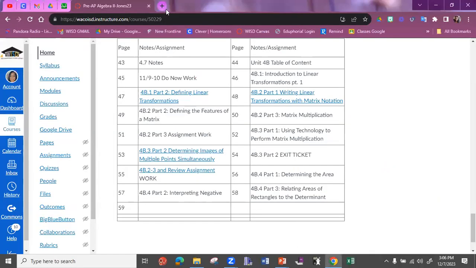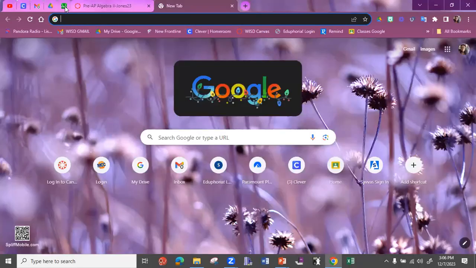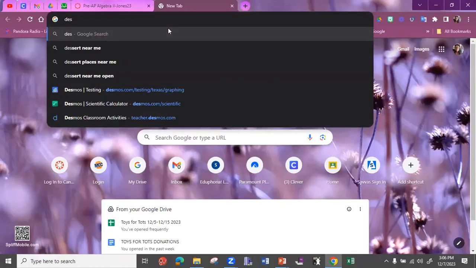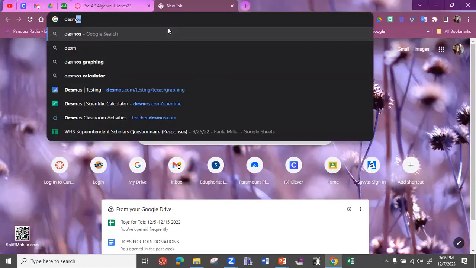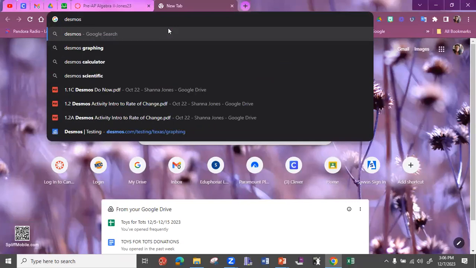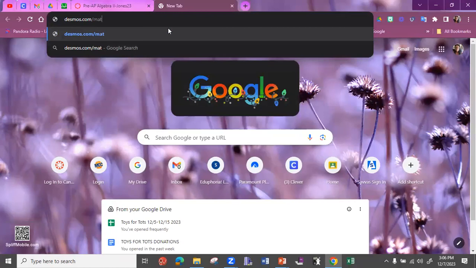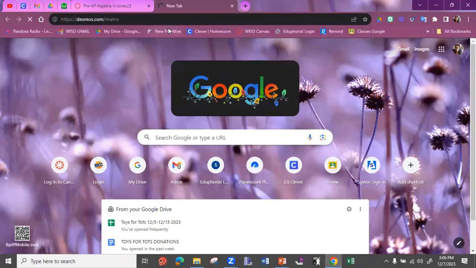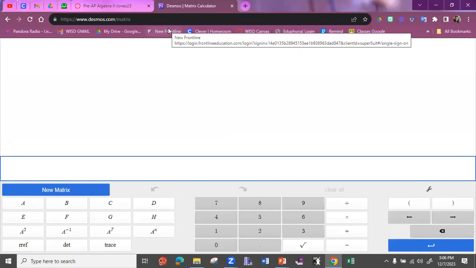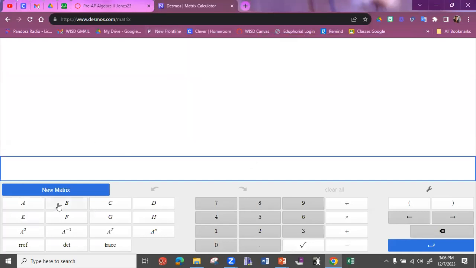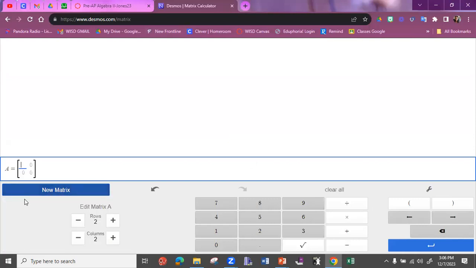Please feel free to work ahead. So I'm going to go here. I'm going to type in desmos.com/matrix. Enter. And here is my window. I'm going to put in a new matrix.